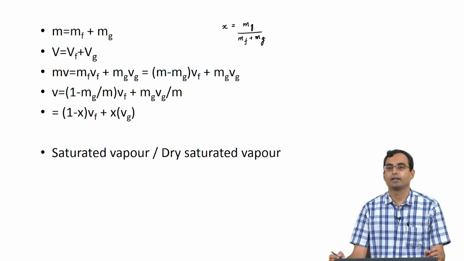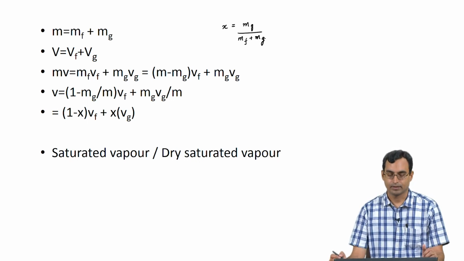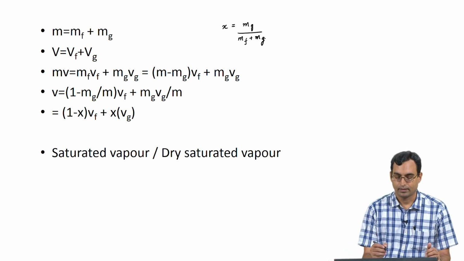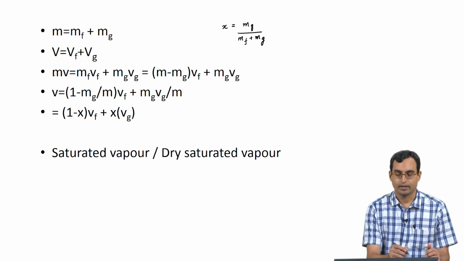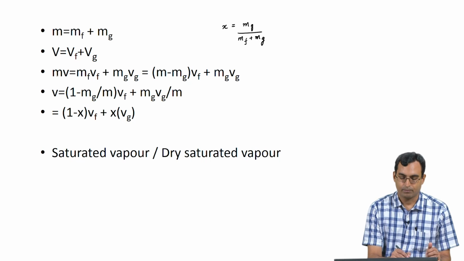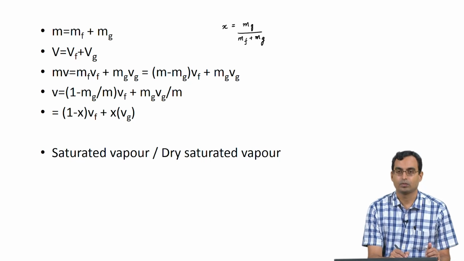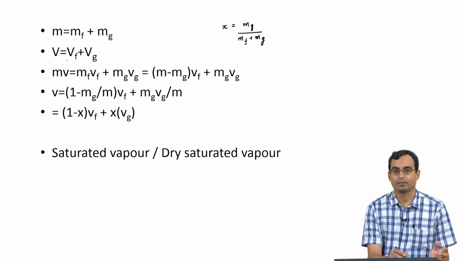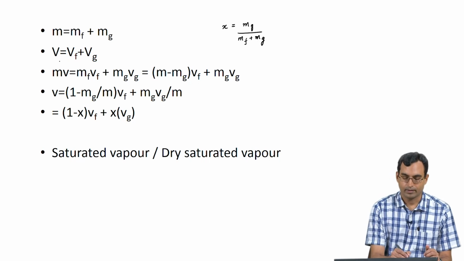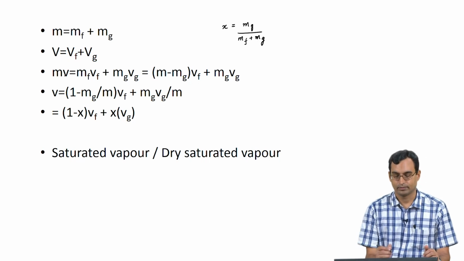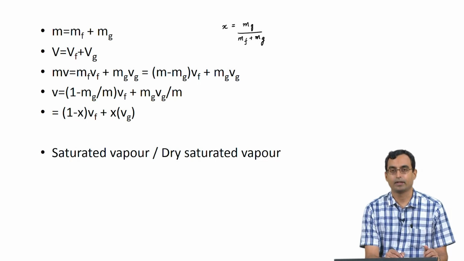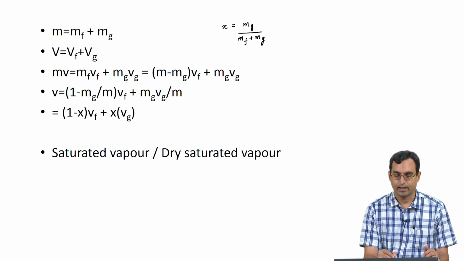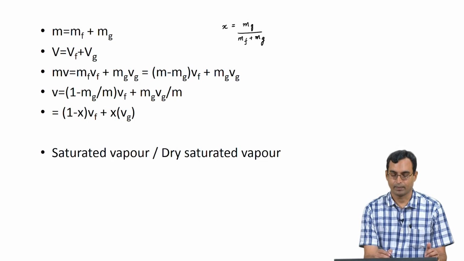We can also get a few other expressions relating these terms. So, what we see is that the total volume is essentially the total mass into the average specific volume. So, we can represent this V as m into small v. We can represent this Vf as the mass of the liquid into the specific volume of the liquid, and we can represent this as mass of the vapor into specific volume of the vapor.